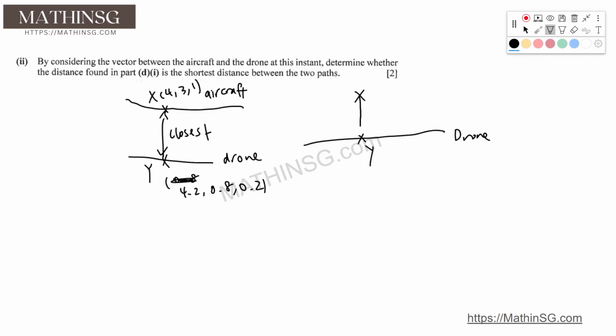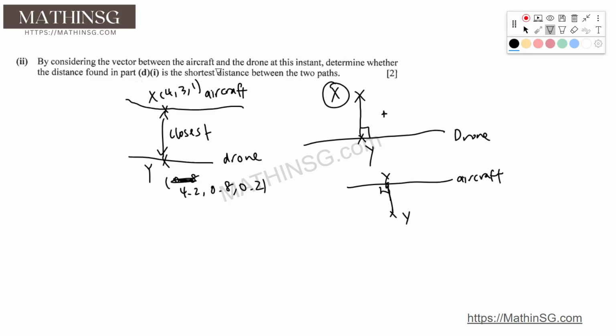If XY is perpendicular to the drone's path, that means X is at the closest distance to this line here. Similarly, if it is perpendicular to the path of the aircraft, that is the shortest distance to the aircraft.